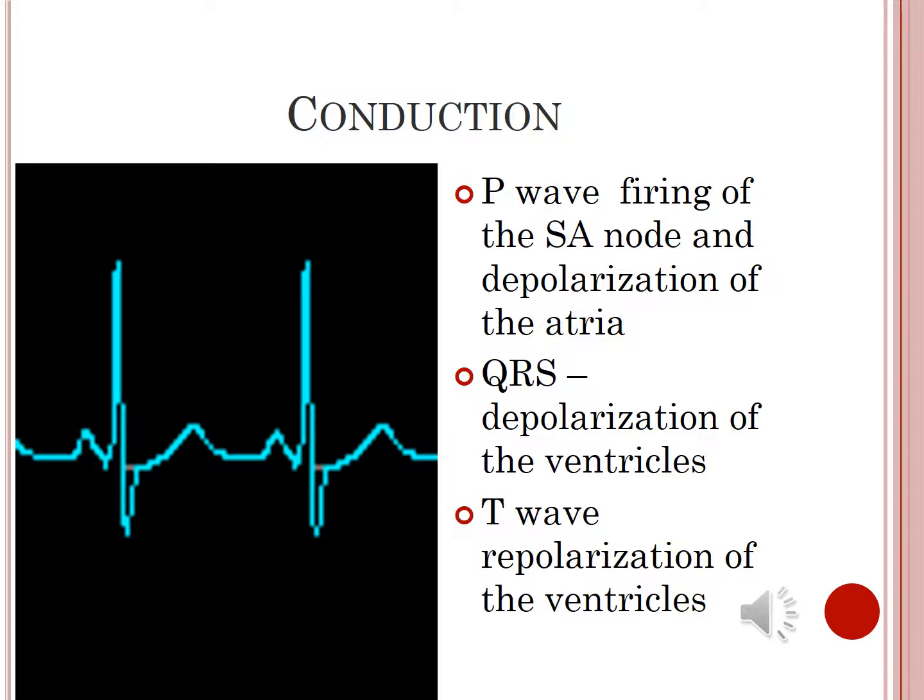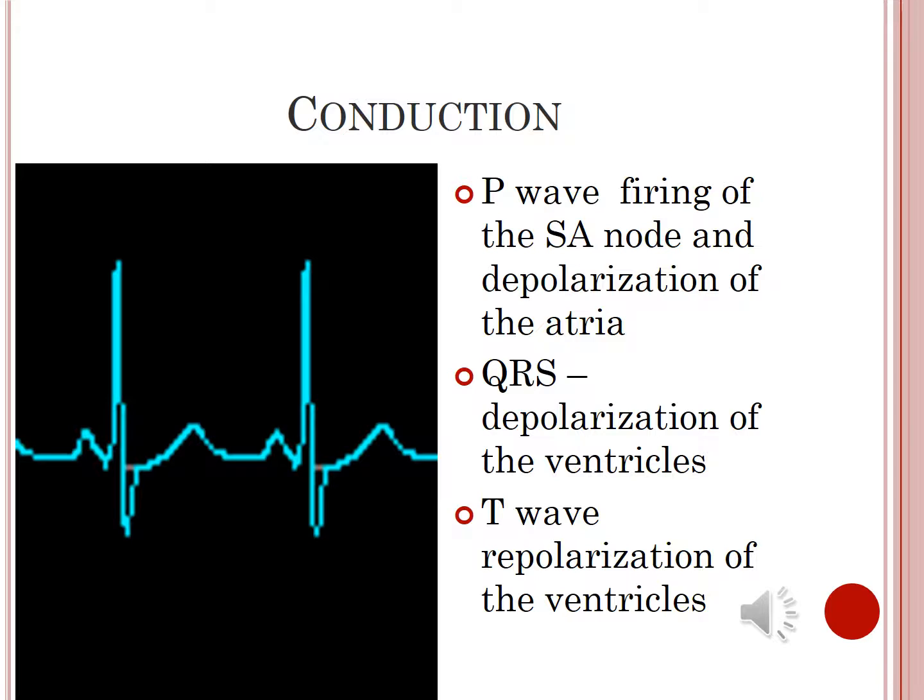It is important for everyone to understand the basic assessment of an EKG. So this blue line here in this picture gives you an example of a normal EKG. Starting on the left side of the picture to the right, the P wave is that very first full wave that you can see, coming down off of a wave.